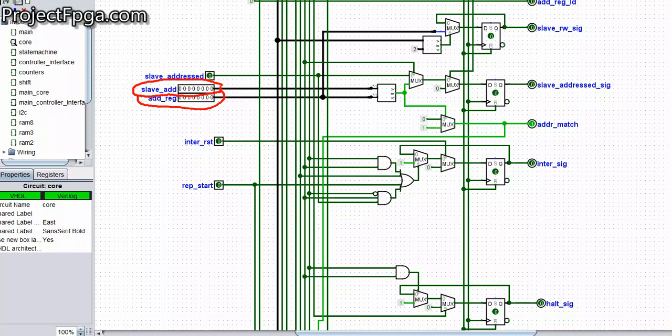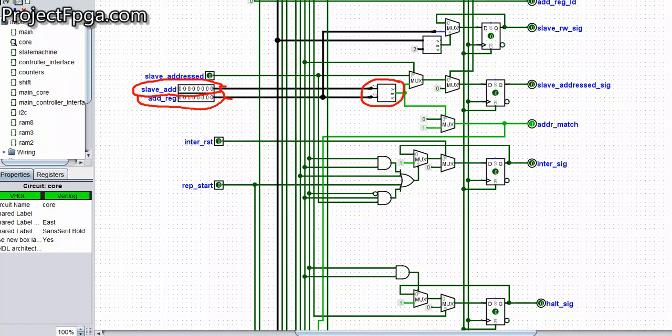We're going to talk about the register in the next video, address register. So what it does is it compares our slave address with the received address in the address register. Once they are the same, it's going to turn on this, and this signal slave address is going to go over here. So it's going to turn on, and it means that the slave has been addressed. So this signal is going to turn on to 1.